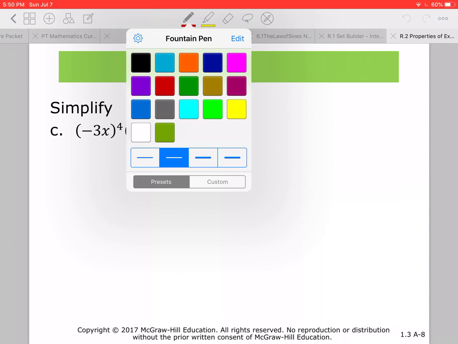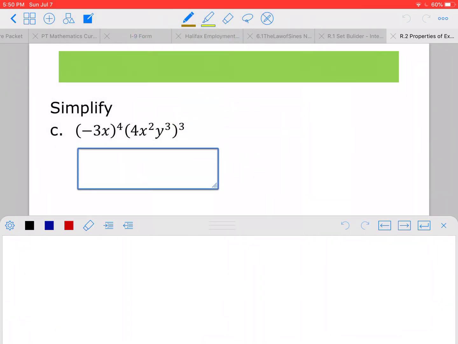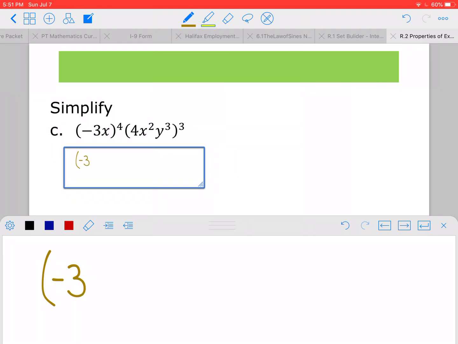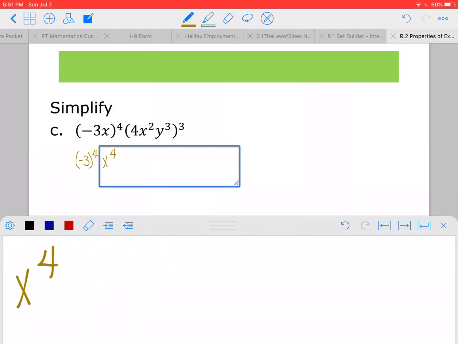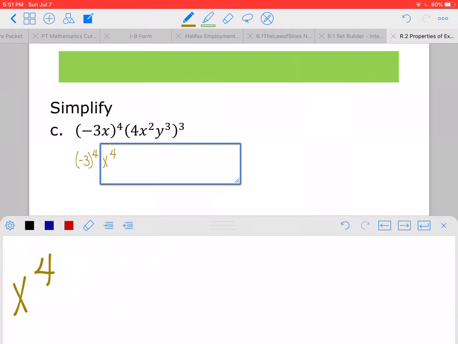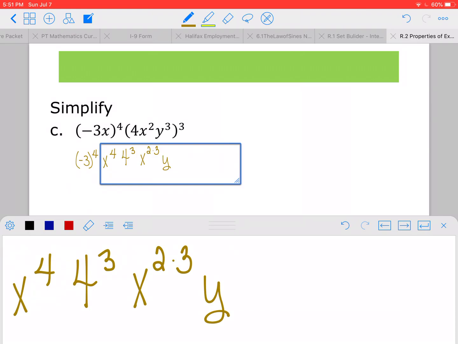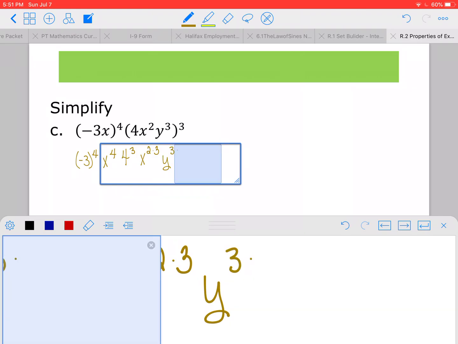And we get bigger. So this time we've got negative 3 times x all to the 4th power. So we're taking negative 3, raising it to the 4th power, and x, raising it to the 4th power, and then this stuff in the parentheses here, we've got 4 to the 3rd power, x squared to the 3rd power, so that's x to the 2 times 3, and then y cubed to the 3rd power, so y to the 3 times 3.